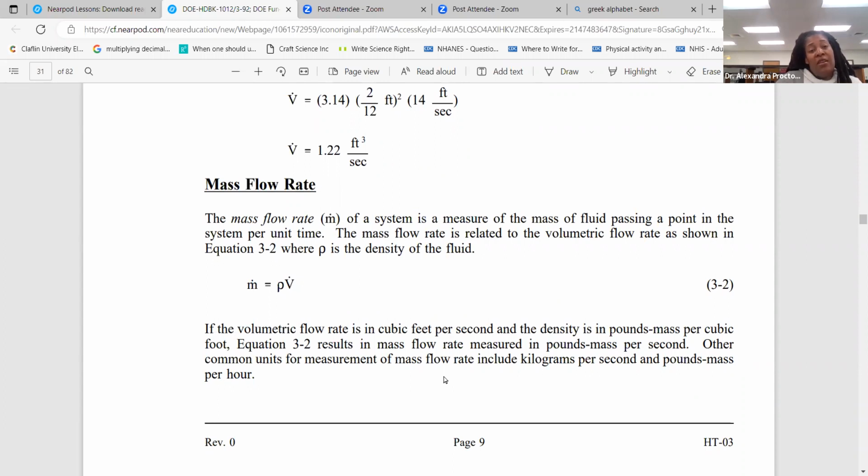So M is equal to rho times V. If the volumetric flow rate is in cubic feet per second, then the density is in pound mass per cubic foot, and equation 3.2 results in a mass flow rate measured in pound mass per second. Other common units of measurement for mass flow rate are kilograms per second and pound mass per hour.